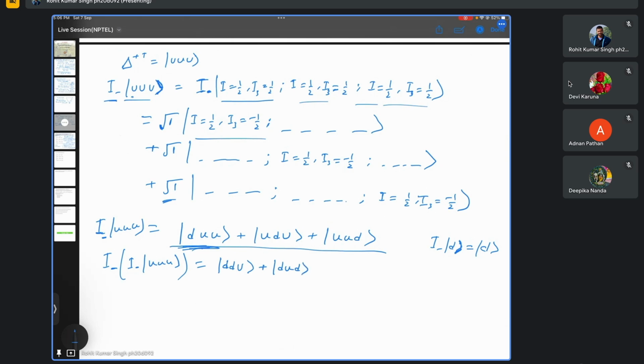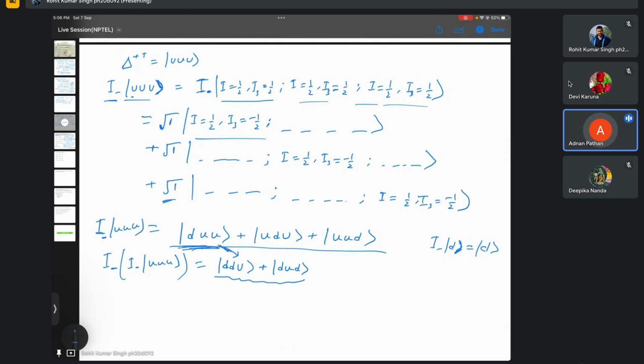From here, is it right? You should also put duu, right? Yes, sir, because first you do it on the first part, but it doesn't change it. Yeah, that should be there.